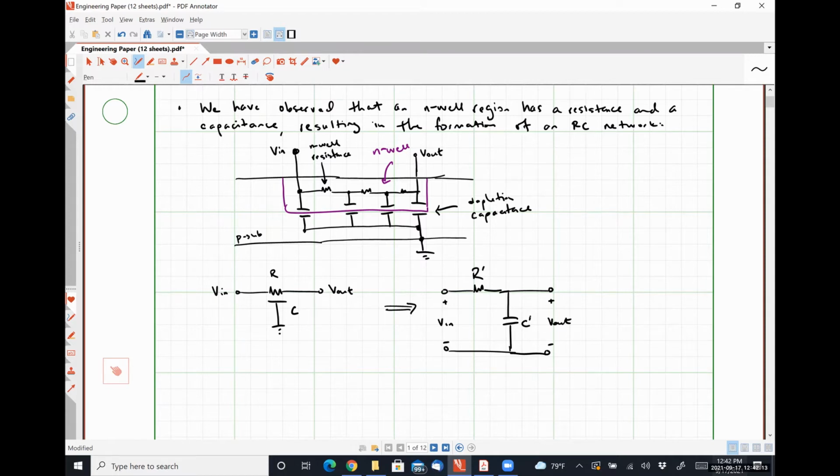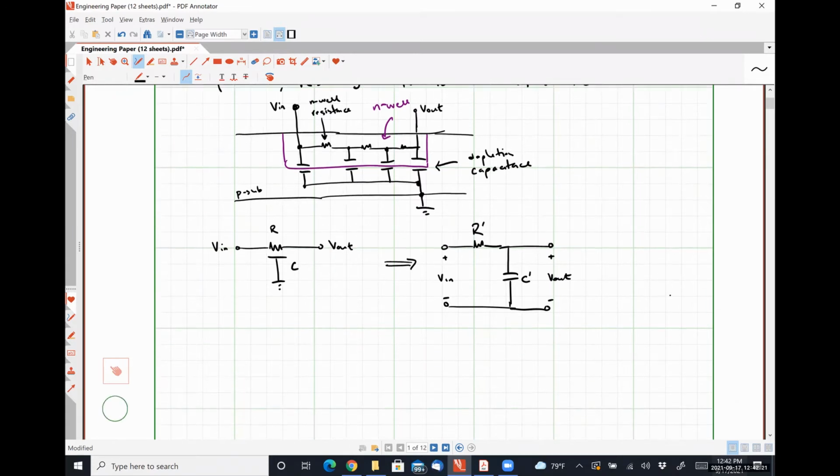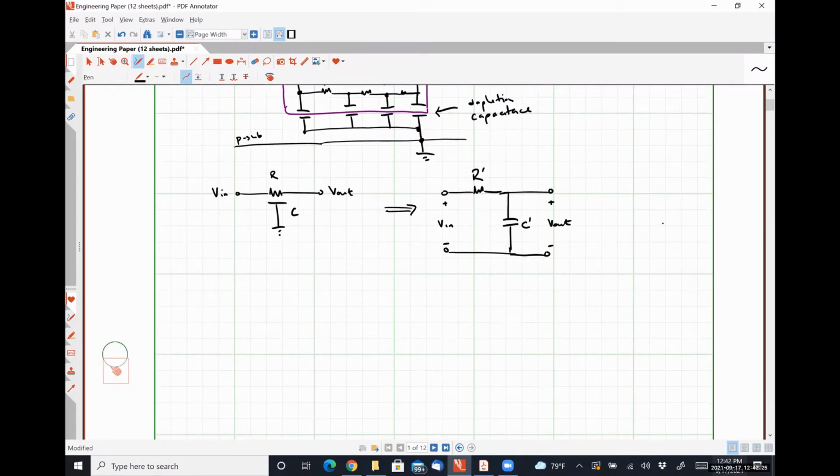So we can make a homogeneous ladder network. Well, actually, we'll do that in just a minute. Okay. For a simple RC circuit, so let's say that we have something like this. I have a step function at my input, Vin.